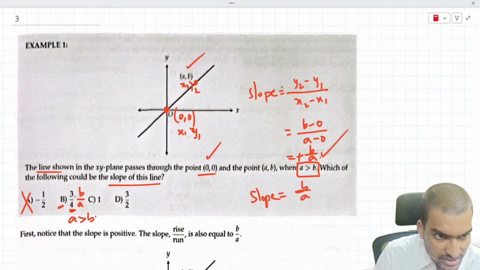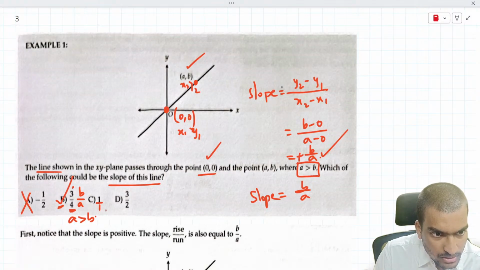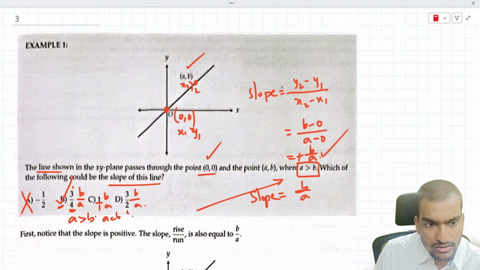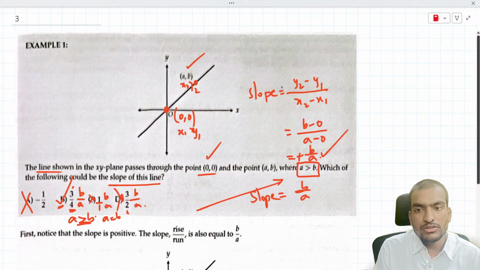Yes, 4 is greater than 3. Yes, option B is true. If you go with option C, here b and a are both equal. It's not obeying the condition we have here. And 3 by 4, again, a is smaller here. No, that's not the option. We have to look for a greater than b, which is option B only.